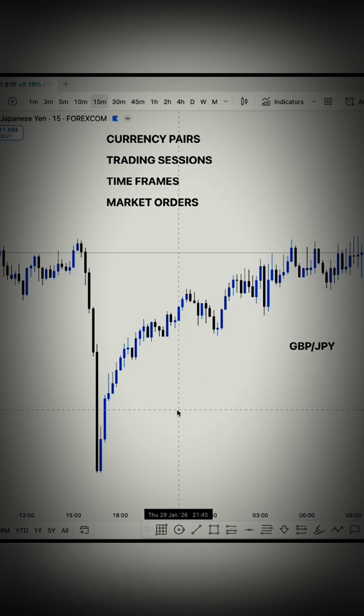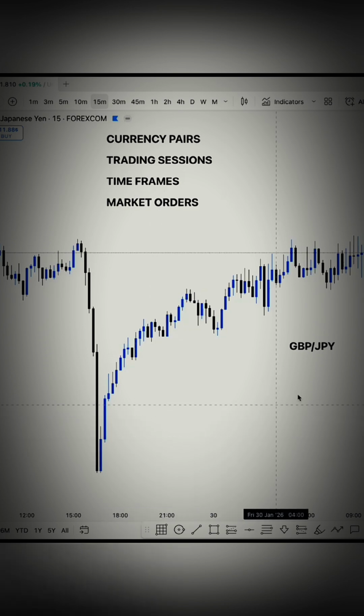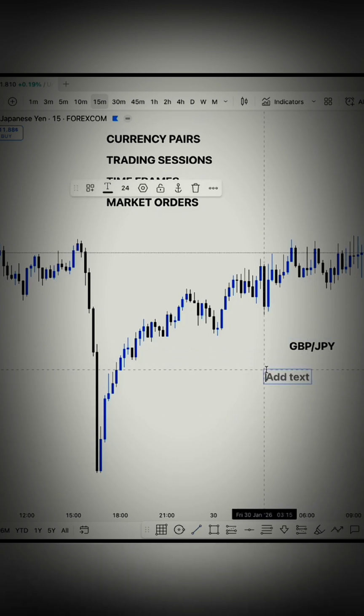If you are speculating that one should push up, you are literally speculating for the other to push down. So when you are looking at currency pairs, the first currency you will see is called the base currency. So here, the GBP is called the base currency.